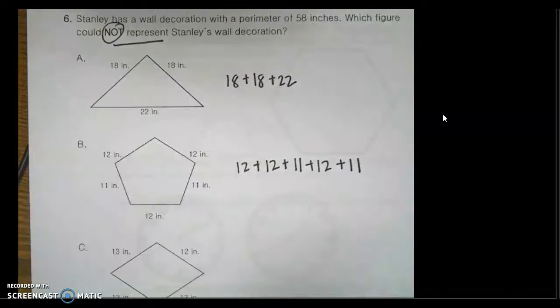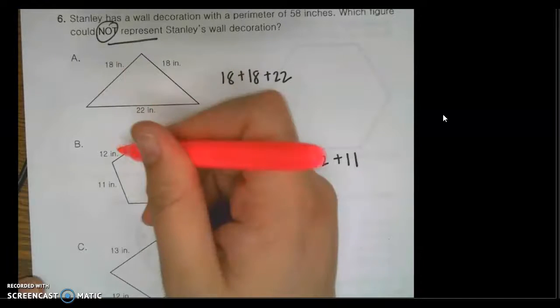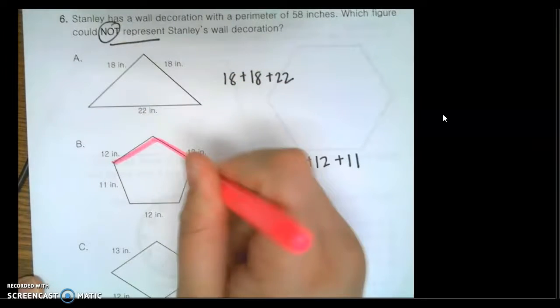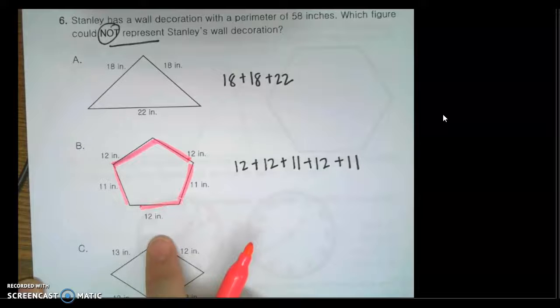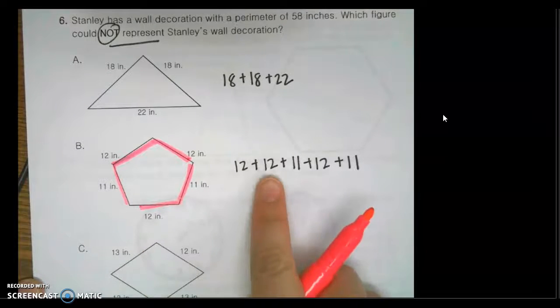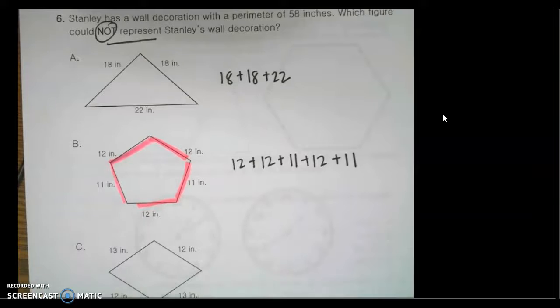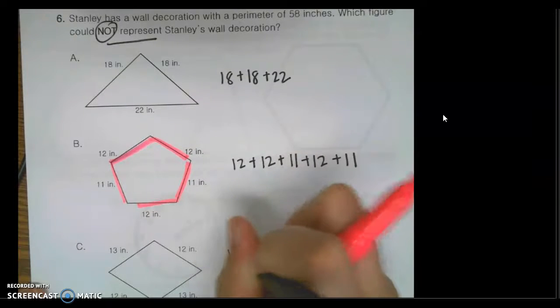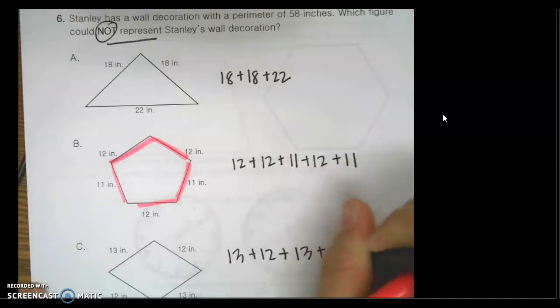Also, it helps if you count how many sides you have. When you get a figure with multiple sides, 1, 2, 3, 4, 5, then you need to make sure you have 5 numbers to add up. Okay? This would be 13 plus 12 plus 13 plus 12.